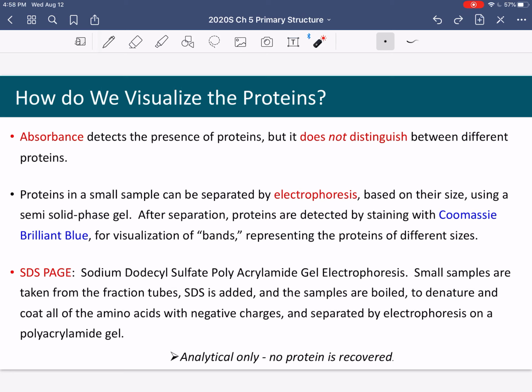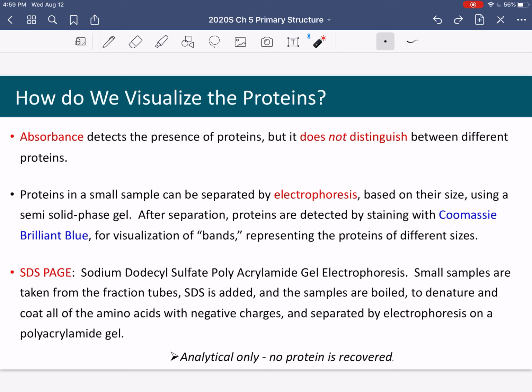A small amount of your test tube that tested positive for your protein using your assay can be denatured, just a fancy word for unfolded, and run on a matrix called a gel that separates proteins based on their charge and size. Now, we can take advantage of that in a couple of ways, but the most common way is to use SDS polyacrylamide gel electrophoresis to separate proteins as bands on a gel.